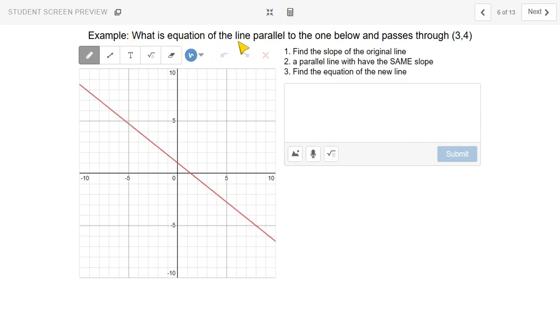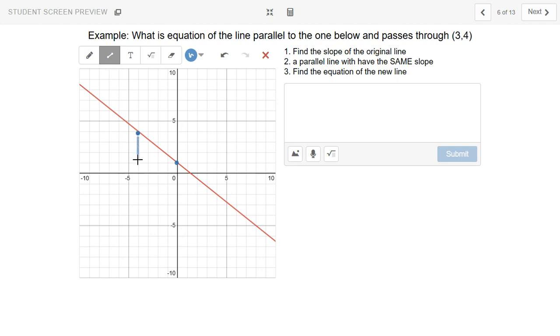Right, what is the equation of the line parallel to the one below and passes through (3, 4)? Well, first of all, we need to know what the original line is so that we can find the slope of the original line. Okay, so our original line, we start here and I see another coordinate there.